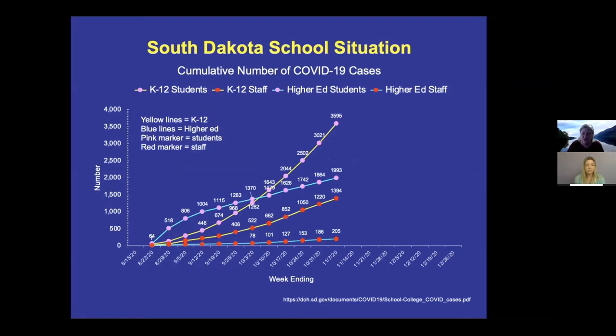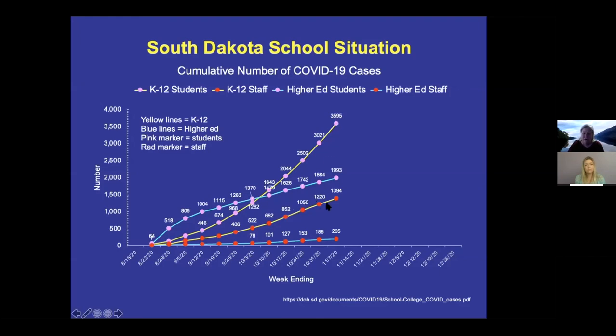I added all the numbers for each of these dots, and it's gotten a little busy, but I think people might want to know what the actual numbers are because it gets hard to read when it's so far from that axis. But this is the K-12 and higher education numbers. This line, the yellow line with the pink dots, are the K-12 students.